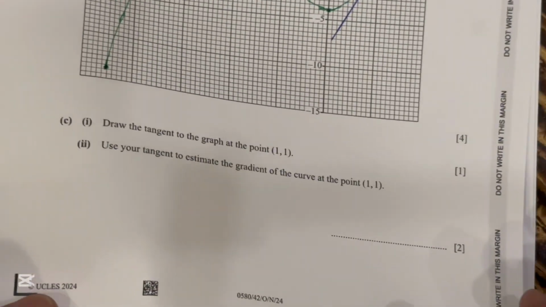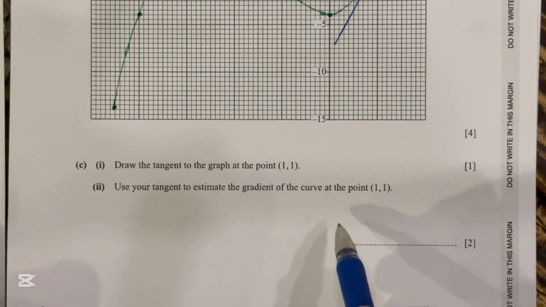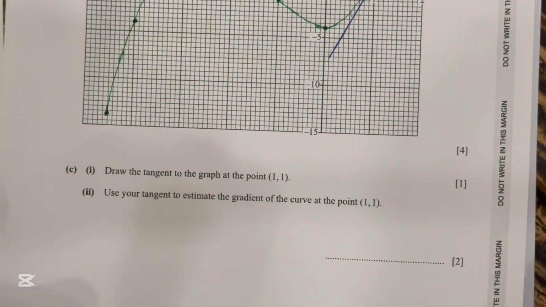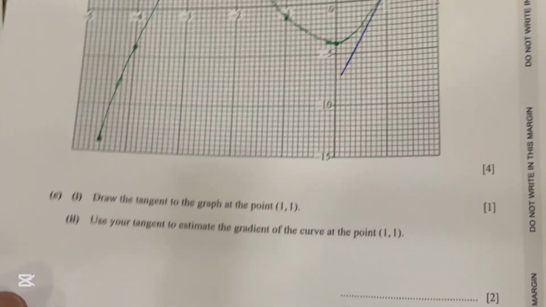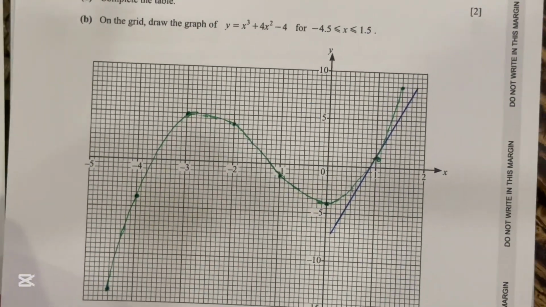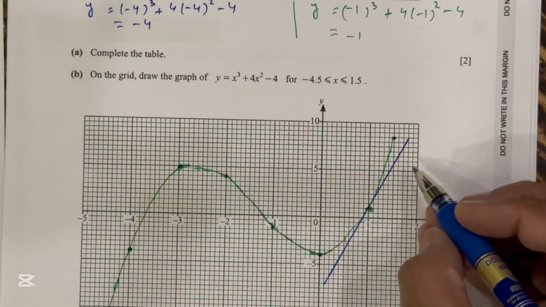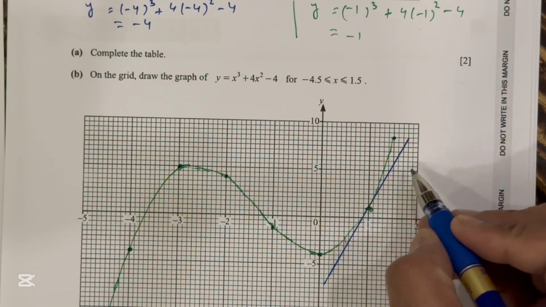Now after drawing the tangent, the examiner's favorite thing is to calculate the gradient. Use the tangent to estimate the gradient of the curve at the point 1, 1. So at the point 1, 1 we need to estimate using the tangent. You need to take 2 points. Any 2 points would be valid.